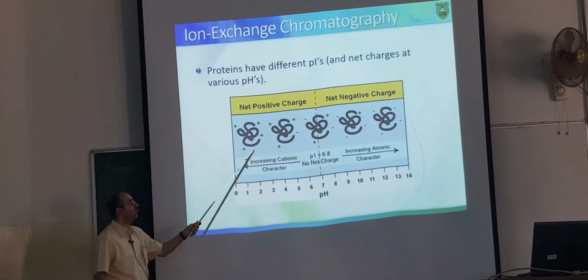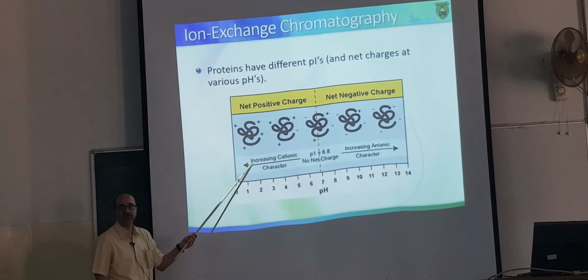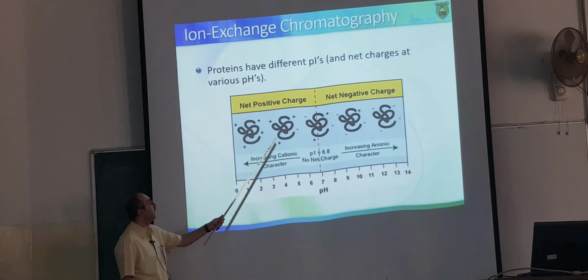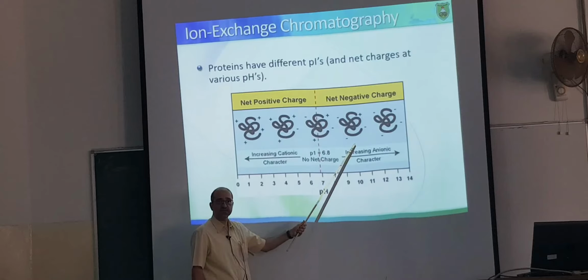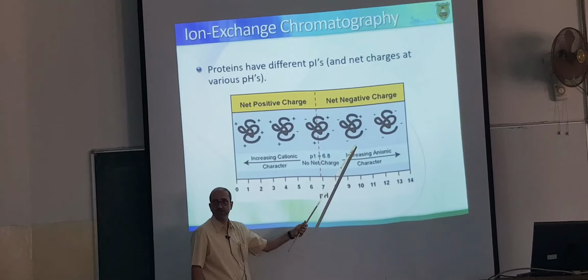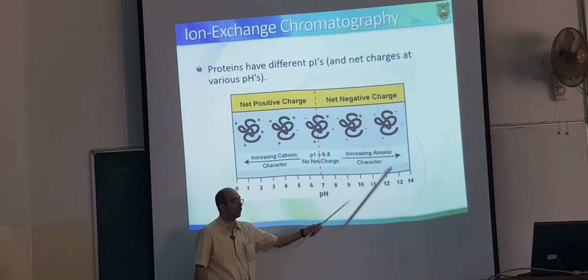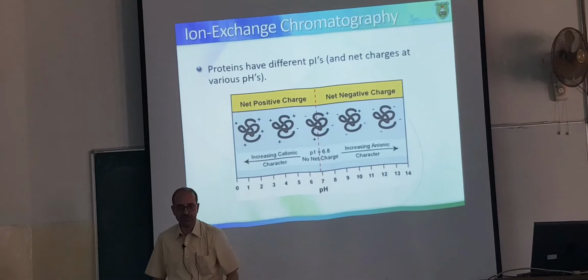So the protein would carry at very low pH more positive charges than negative charges, if any. If I increase the pH, the negative charges will start to appear and the positive charges will tend to be lost as we increase the pH. Okay, so at very high pH the protein would be negatively charged.